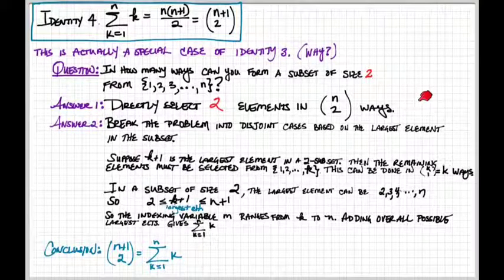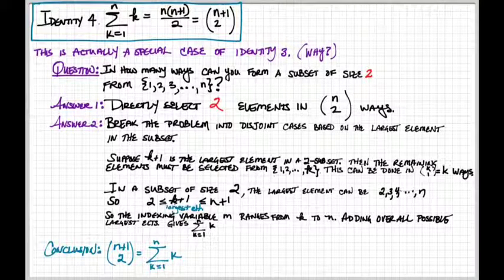The second answer worries about the largest element in the subset. So if the largest element in my 2-element subset is k plus 1, then I have to pick the remaining element from the set 1 through k. This can be done in k choose 1 ways, and k choose 1 is just k.